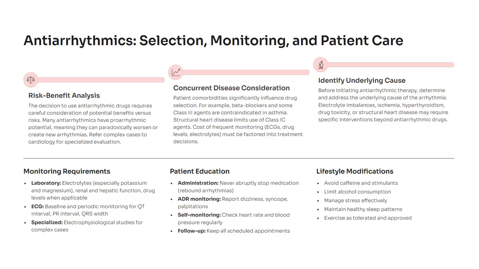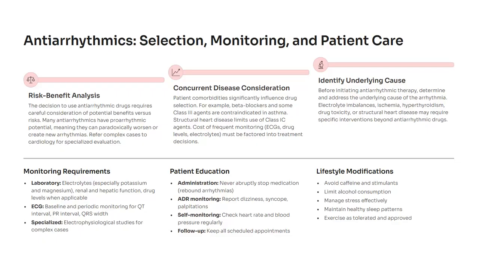So we're going to do a risk-benefit analysis for selection. The decision to use an antiarrhythmic usually requires careful consideration. Again, you probably will not be the one who's starting this antiarrhythmic, but you do need to understand what kind of monitoring, how the patient should be educated, and you need to understand the medications.